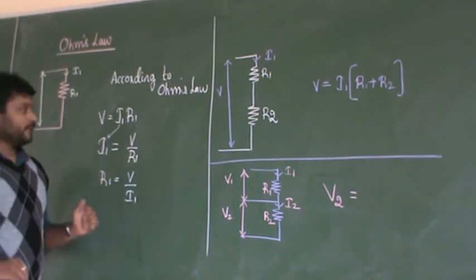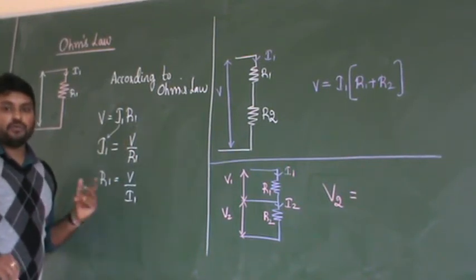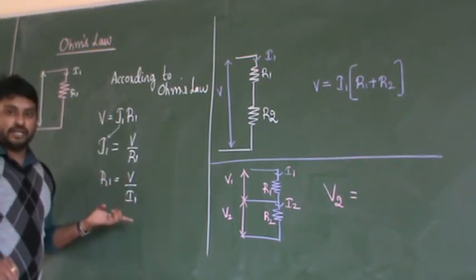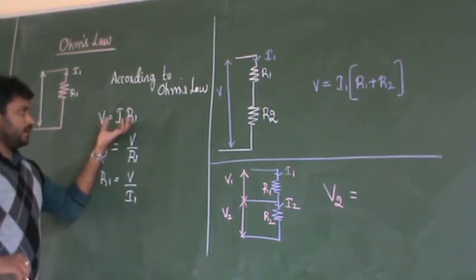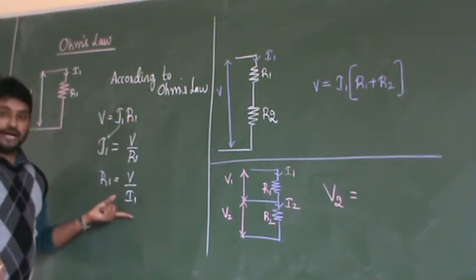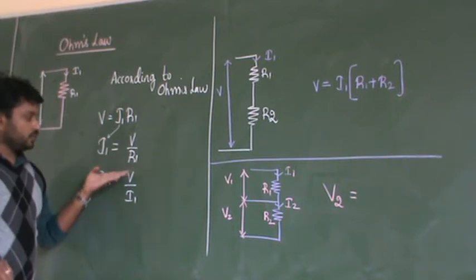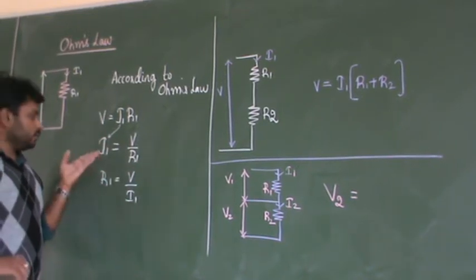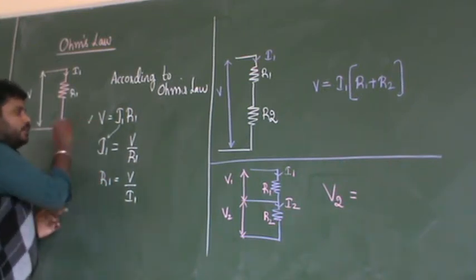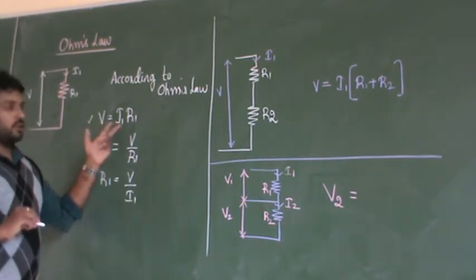Now if I want to find R1, similarly R1 = V divided by I1. This is how you can manipulate the equation if you want to find the current or the resistor. But this is the basic equation, or Ohm's law.